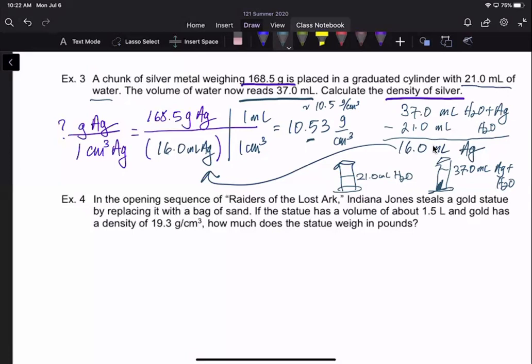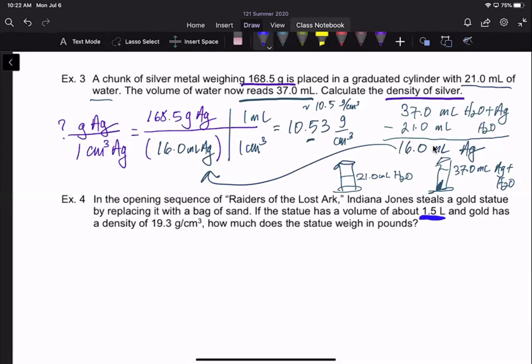Okay. Now, I don't know how many of you have seen Raiders of the Lost Ark, but at the end there's a scene where he steals a gold statue. It's a 1.5 liter statue, pretty small, and he tries to replace it with sand. So if he has a bag of sand, we need to find out how much does it weigh in order to replace that statue.